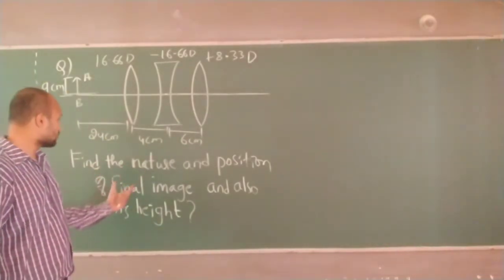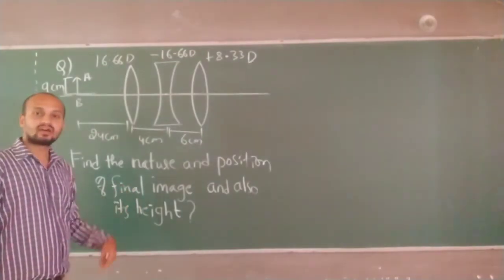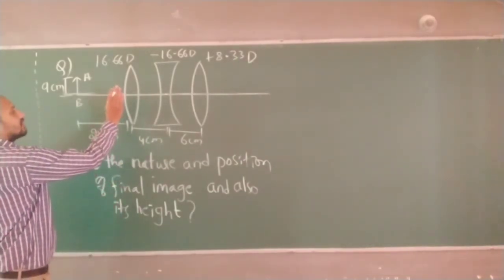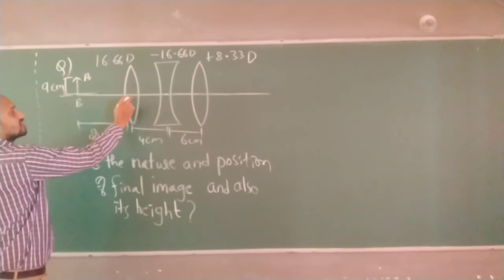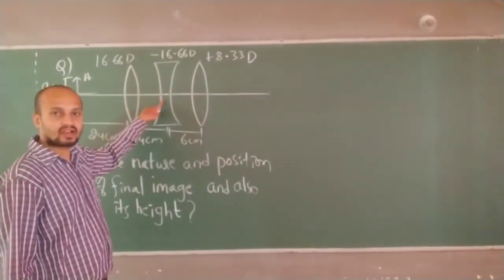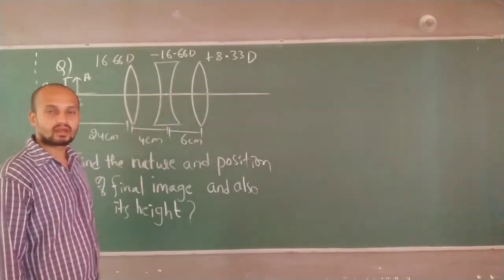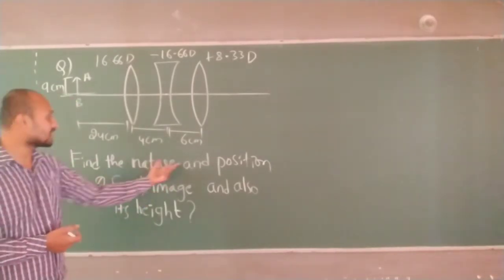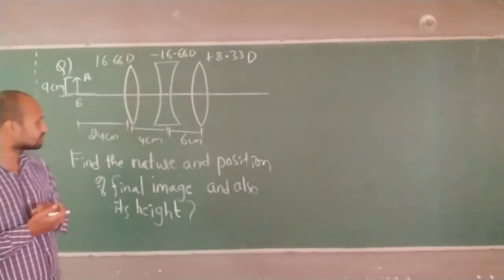Here, the image formed by this lens will be an object to the next lens, and the image formed by that lens will be an object to the third lens. So I keep on finding the values of object distance, such that I will get the nature and position of the final image.